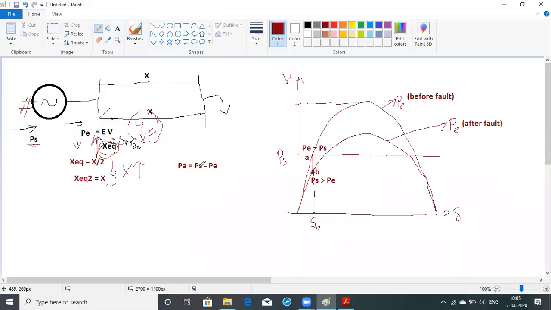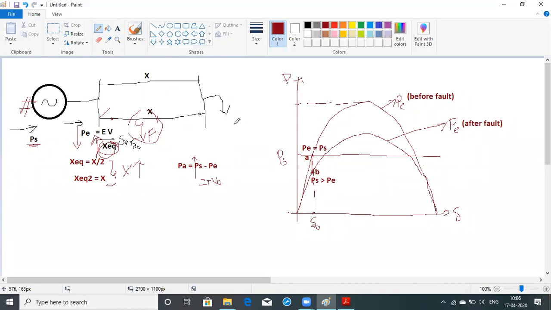So when PS is greater than P, this will now give a positive value, which indicates it will start accelerating. In the practical condition also, whenever the electrical power is reduced, consider the speed of the rotor.